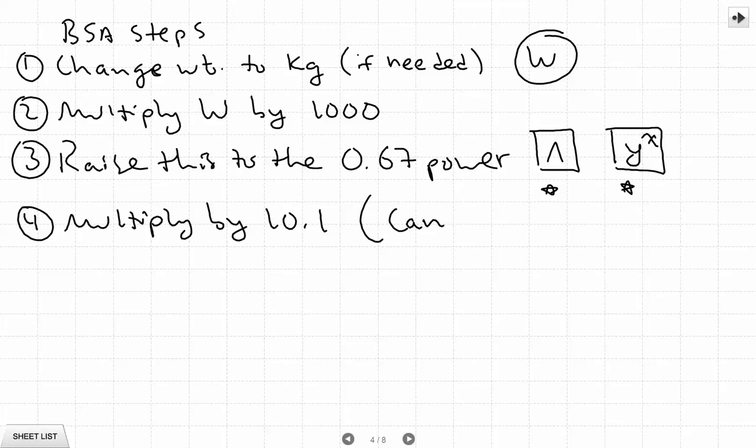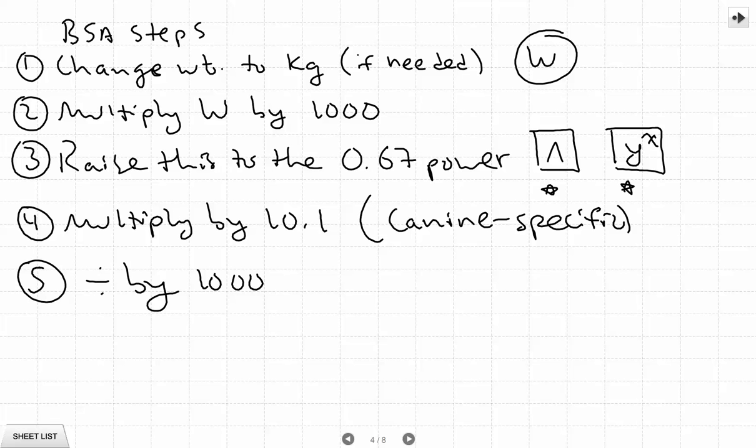And like I said before, this is canine specific. If you were doing a cat, this step would have a different factor in it. And then last but not least, divide by 10,000, and then round to 2 decimal places. And my handwriting's getting a little sloppy. Round to 2 decimal places. And then that should do it.